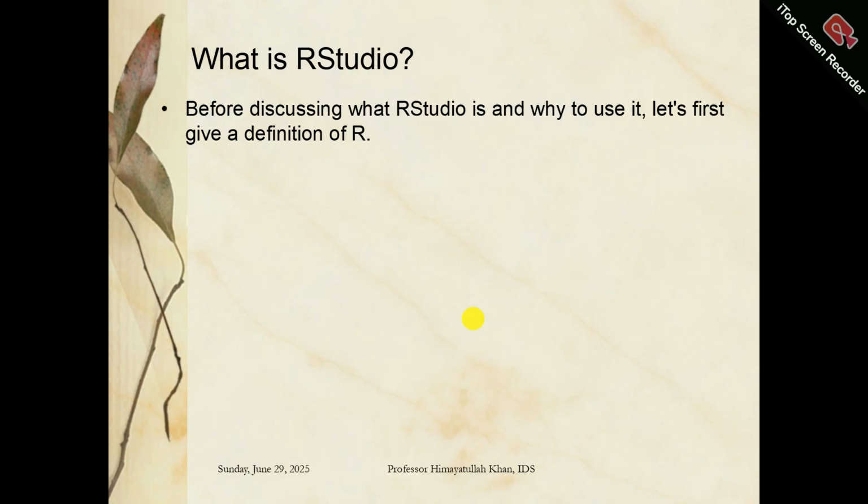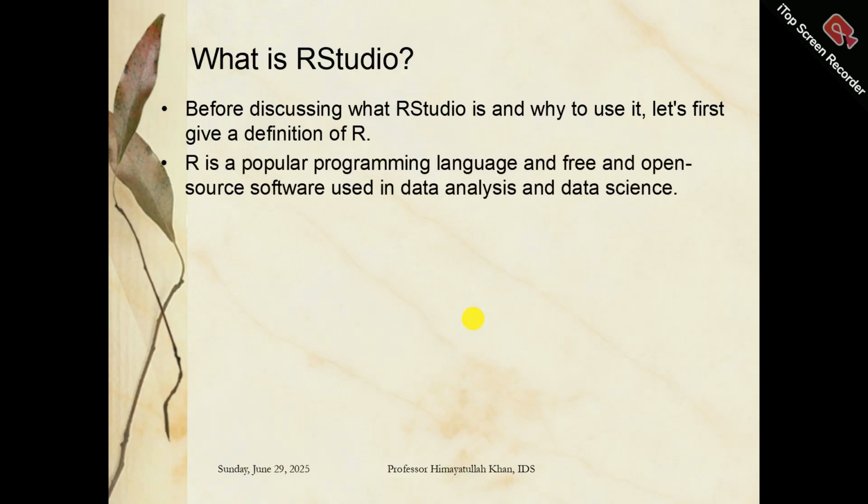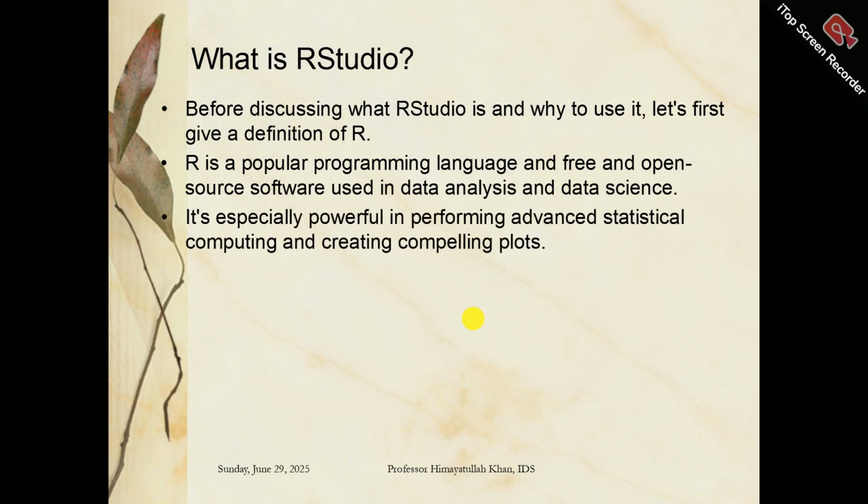Before we discuss what RStudio is and why we should use it, let us first define what R is. R is a popular programming language and free and open source software which is used in data analysis and data science. R is especially powerful in performing advanced statistical computing and creating compelling plots.